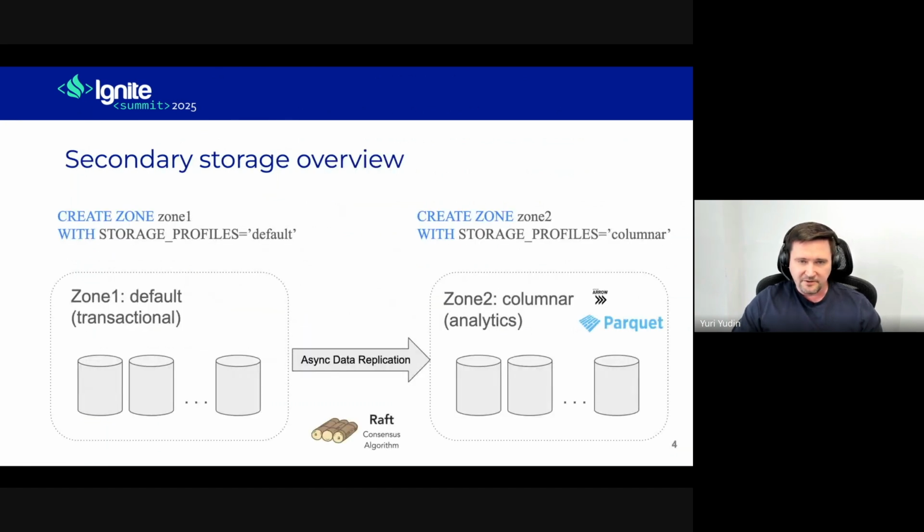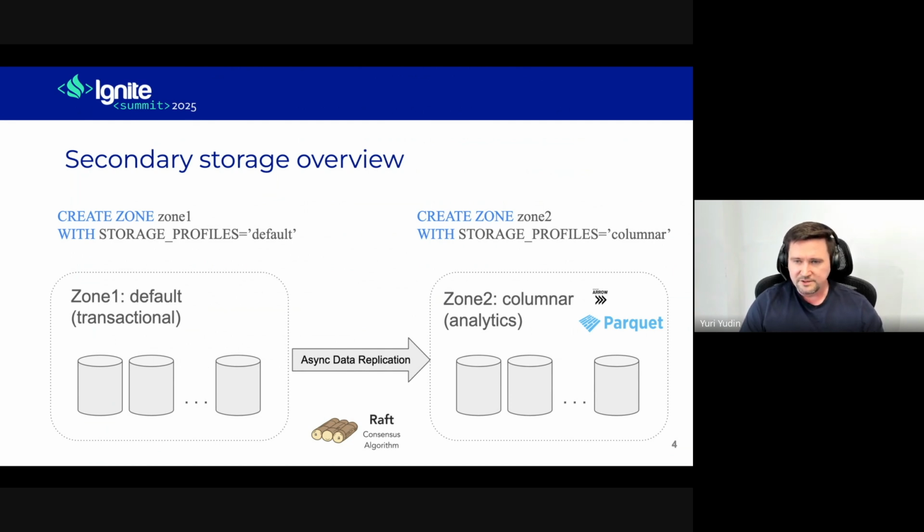So secondary storage. As Ivan mentioned in his talk earlier today, Ignite 3 adds new capabilities in terms of data storage. There are more than one storage engine available in Ignite 3. You probably remember a few of them, like Persist and IMM, which is pure memory. Those two are the main ones. There is also RocksDB, which is currently experimental.